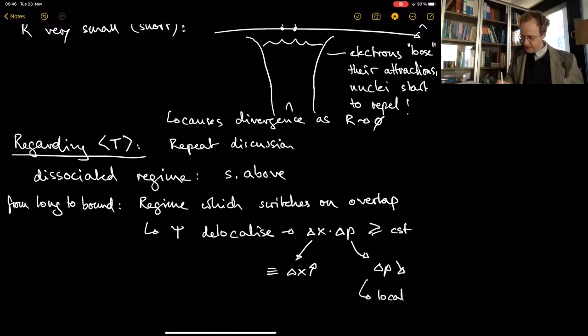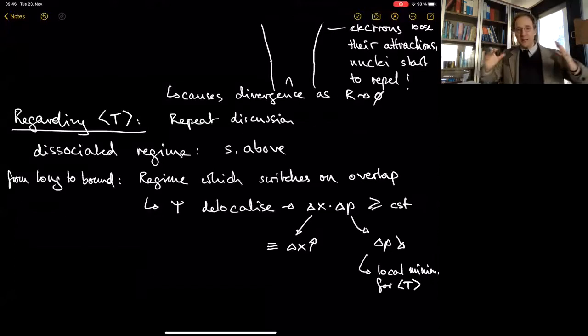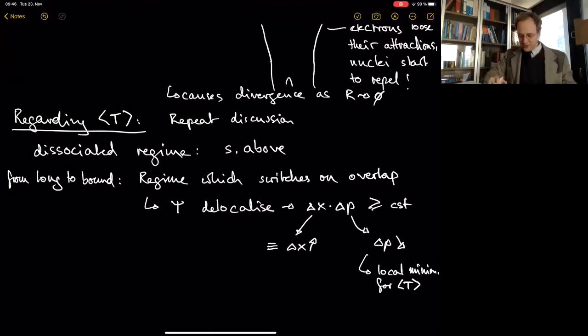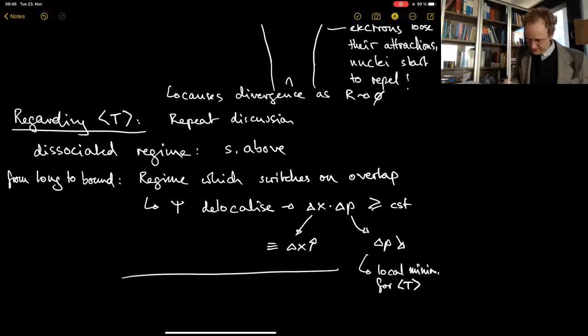Local minimum for T. And now as you approach the bounding region, right, your electrons start to, so it's basically your two nuclei here and your R, right?